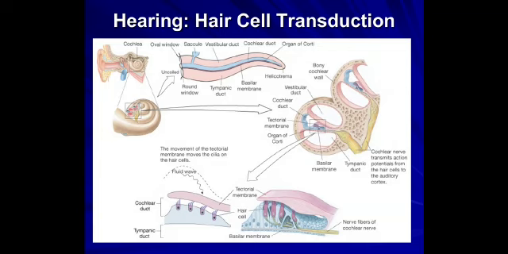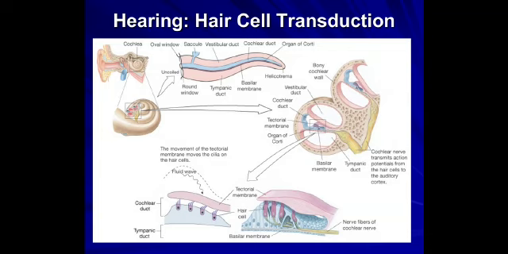Bending of the stereocilia in the direction of the longer one causes opening of potassium channels, thereby resulting in rapid movement of cations causing depolarization of the cell. Movement of the cilia in the opposite direction results in hyperpolarization.